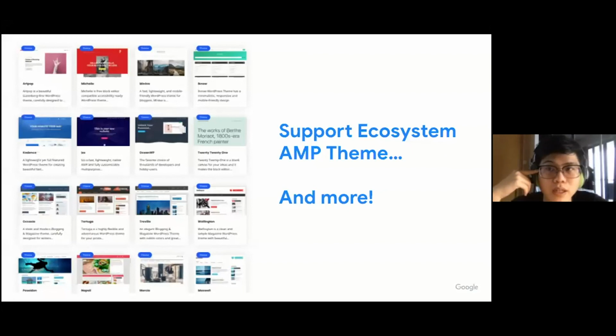Okay, so one thing I need to clarify is we take Core Vitals into page experience, and page experience is one of the ranking signals. So that means speed is a factor here. AMP is a way to accelerate your speed, but it does not mean it is a signal that directly impacts your ranking.